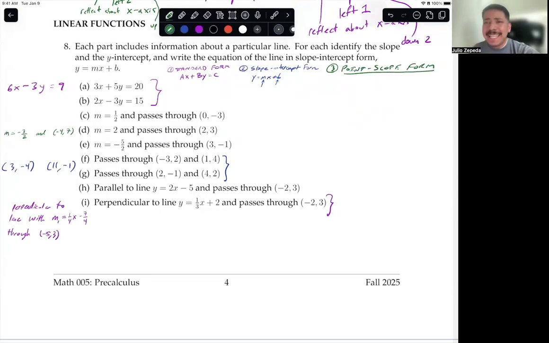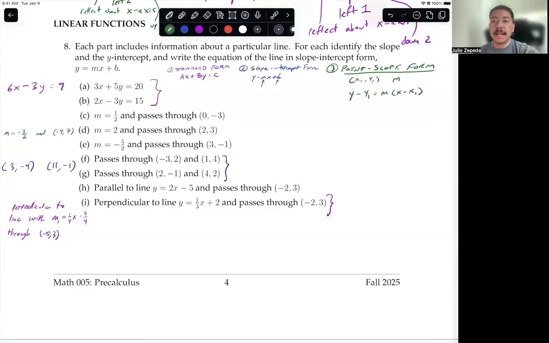Point slope form is useful when you have a point, let's call it x1 comma y1, and a slope, call it m. It says that the equation of the line is y minus y1 equals m times x minus x1.